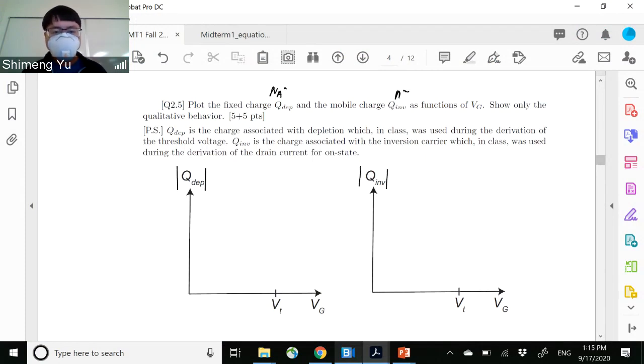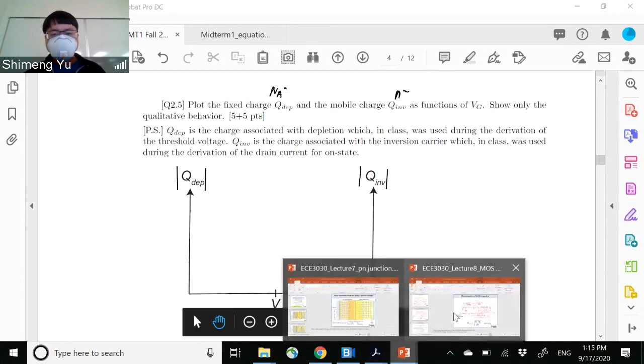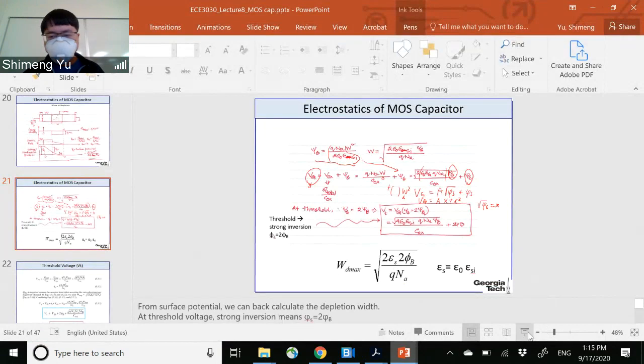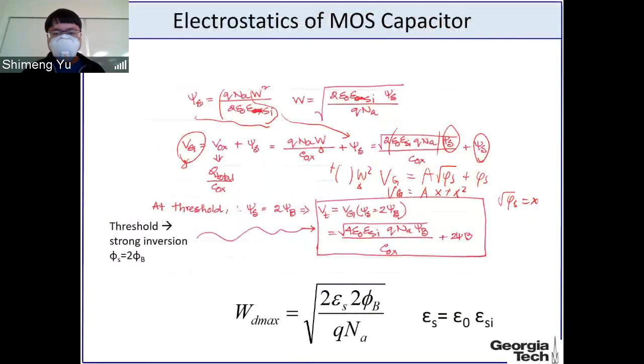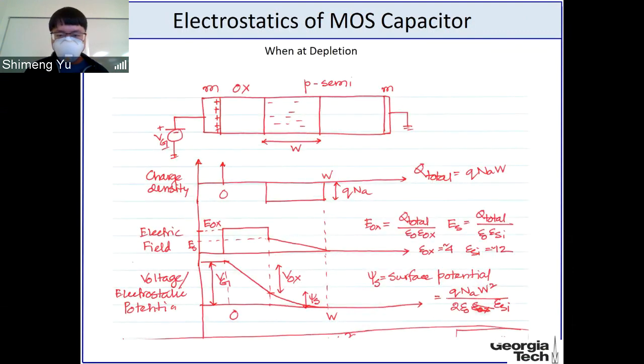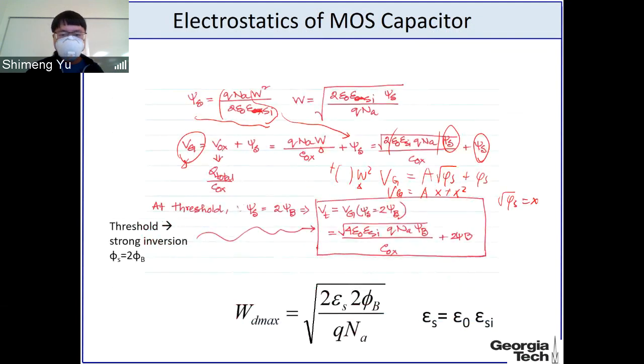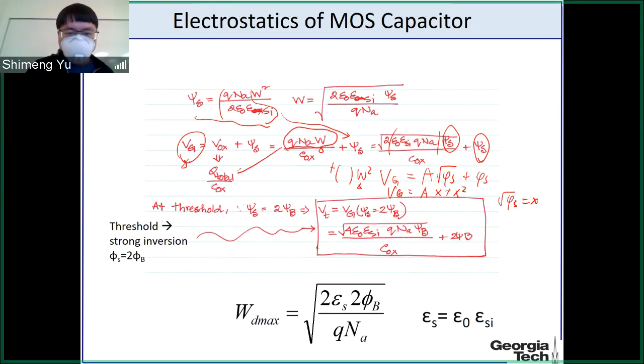So for depletion charge, we need to go back to this slide again. So the depleted charge, let me say the depleted charge, this Q total is a depleted charge, QNAW.